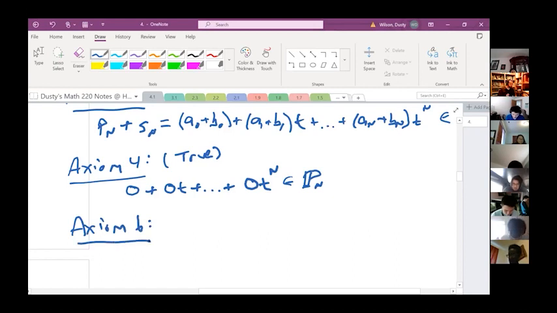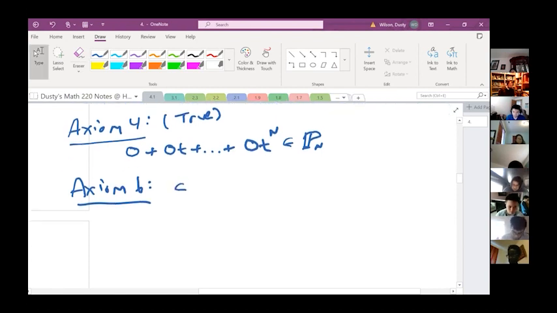So axiom 6 is the one that talks about scalar multiplication. And so we could look at C times Pn. So this would be like C times a0 plus a1t plus dot, dot, dot, plus an t to the n.